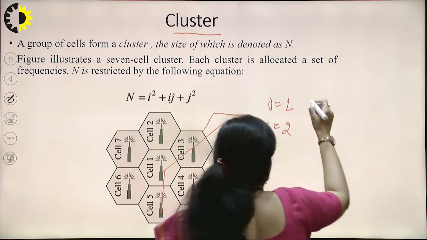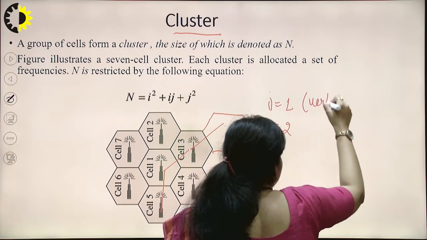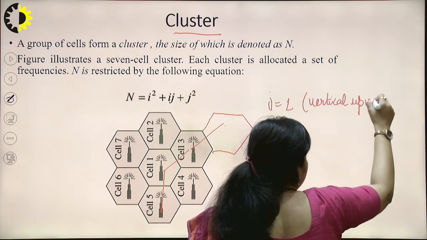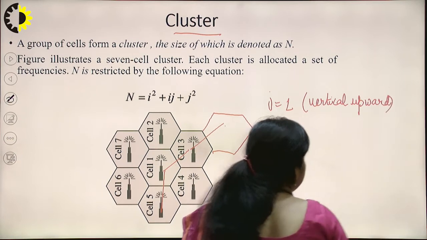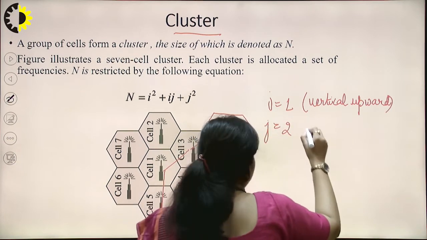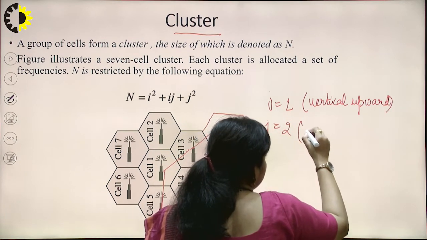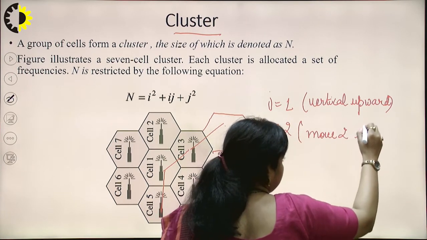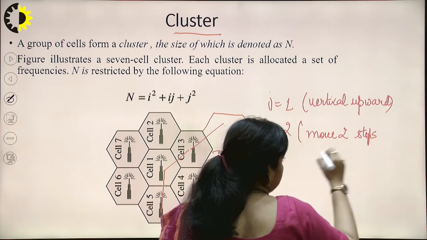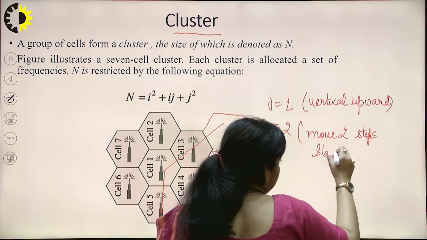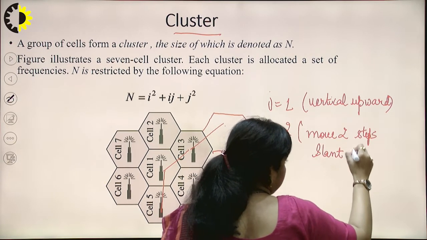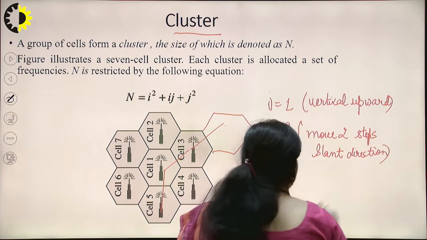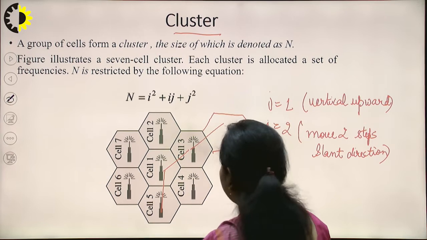So i means I have to move vertically upward, then rotate 60 degrees in the clockwise direction and move 2 steps in the slant direction.